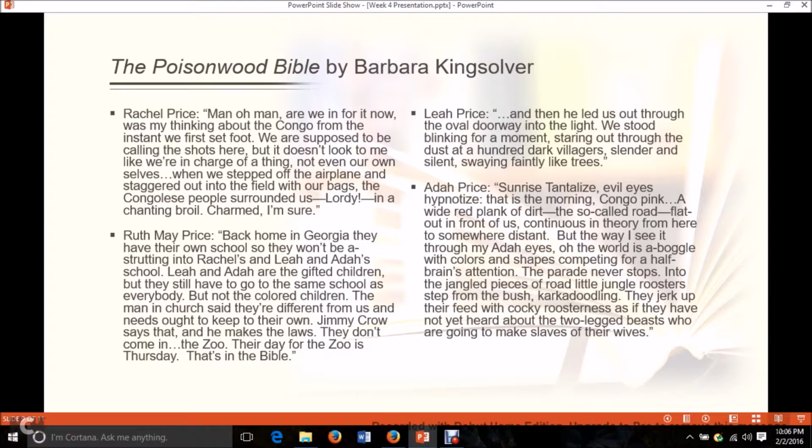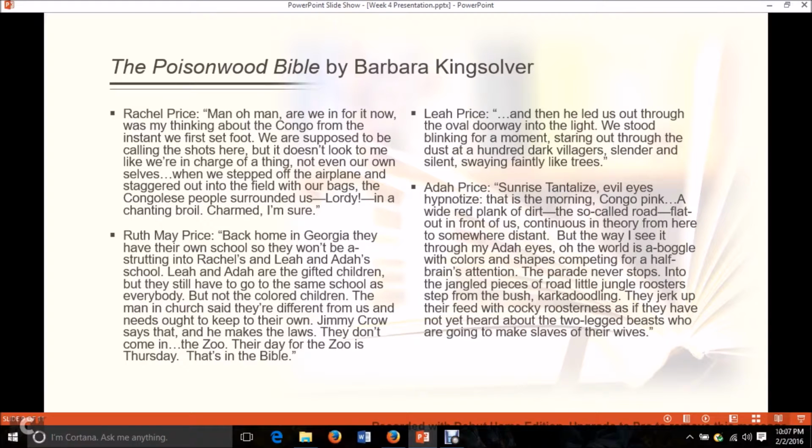Basically the premise of the book is that a 1950s, I think, family from Georgia goes to the African Congo to be missionaries. It's a husband and wife with 4 daughters, and the story is told through the perspective of the 4 daughters. We have an oldest, Rachel.